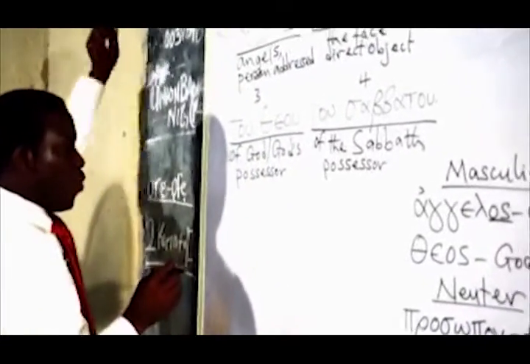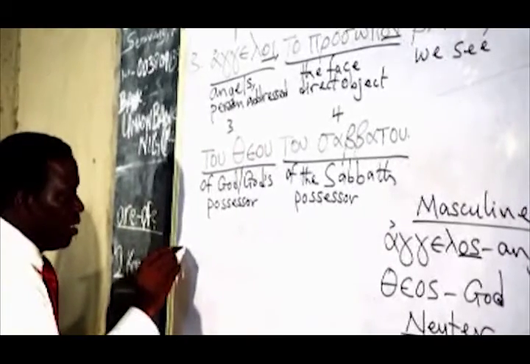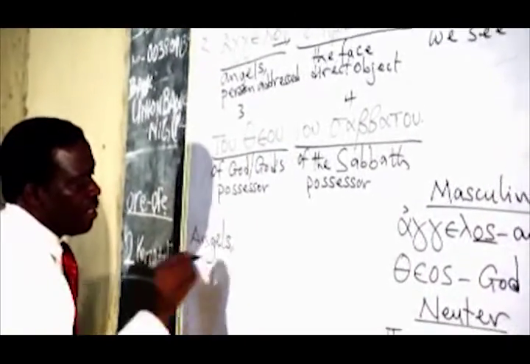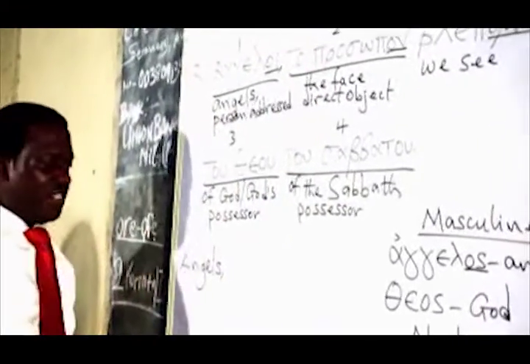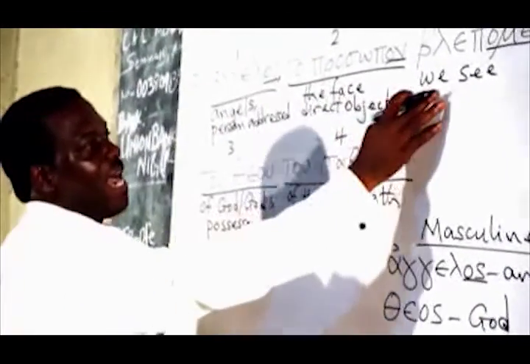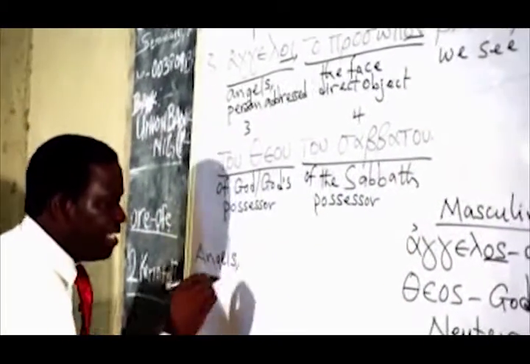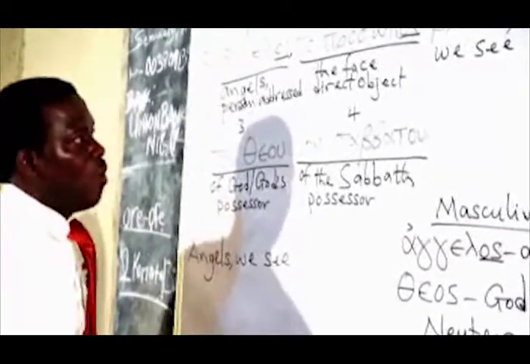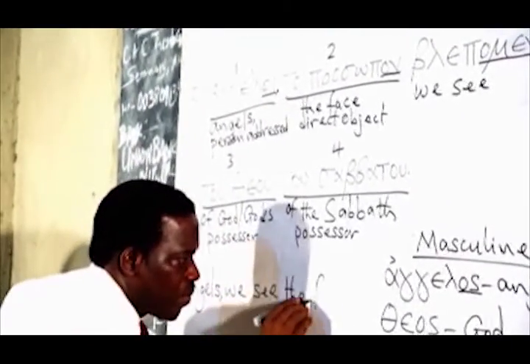So now we have person address first: angels, because the statement is addressed to angels. Then we have the command, which means we see. Angels, we see. What do they see? The face, direct object.